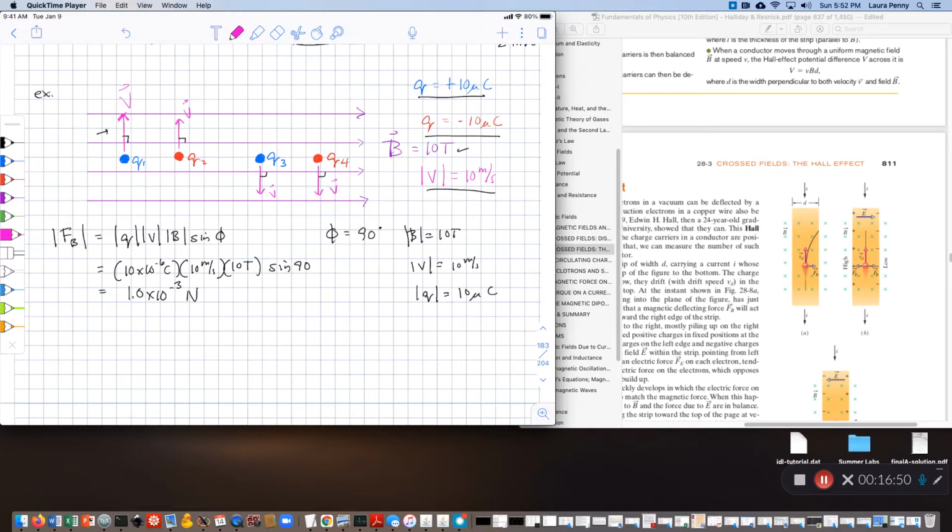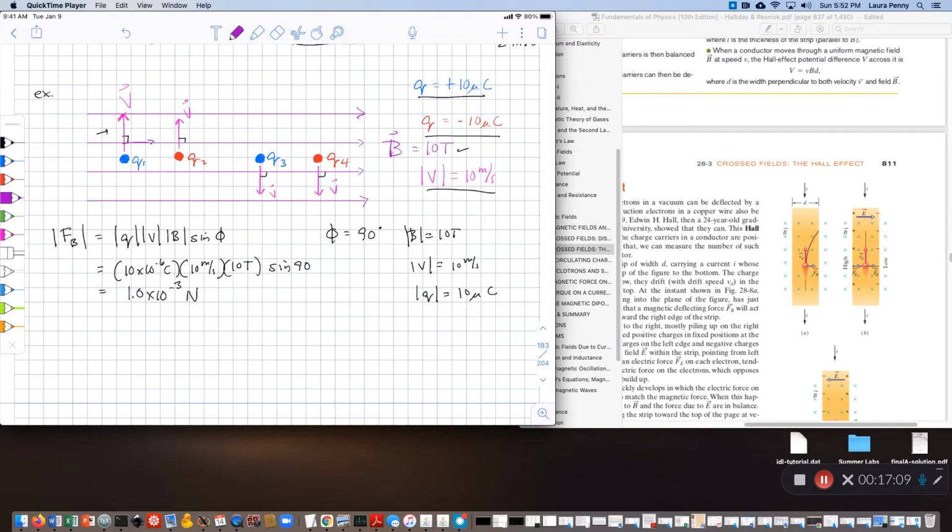And so then I try to turn my fingers so that they go along the magnetic field line, right? So now I'm going to curl my fingers in the direction of the magnetic field line. My thumb stays down. And this is a positive particle.